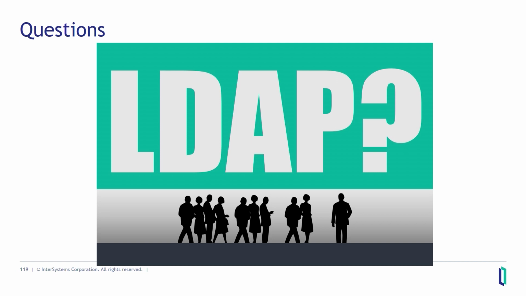Yes, sir? On a mirrored environment, do you still have to set up both your primary and your secondary? Yes, sir. Let's address mirroring for a second. There's a common misconception about mirroring: mirroring does not replicate your configuration. Mirroring replicates your data, your application data. All of your users, all of your security, all of that is separate, and maybe you want it to be separate.